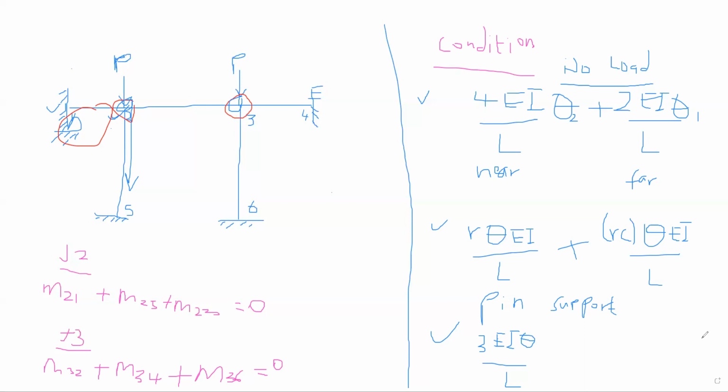Can I bring that on board? Yeah, you can. With this, a pin support and a load passing through it. Do you get it? It is going to be, so this is when there is no load passing through, but the far end is pin.